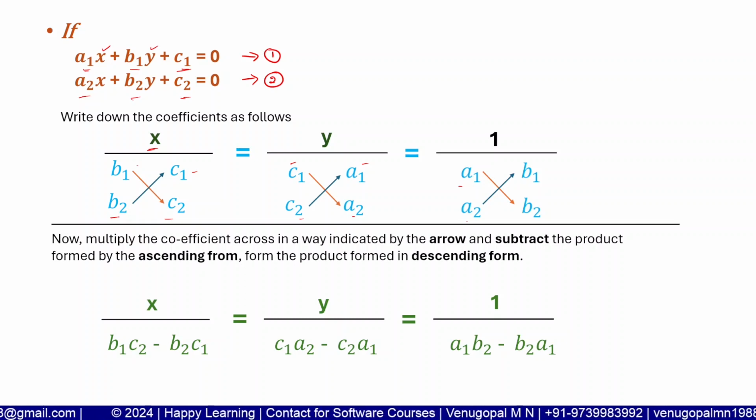Now we have to multiply in such a way that we can go to the next step. Multiply the coefficients across the way indicated by the arrow.